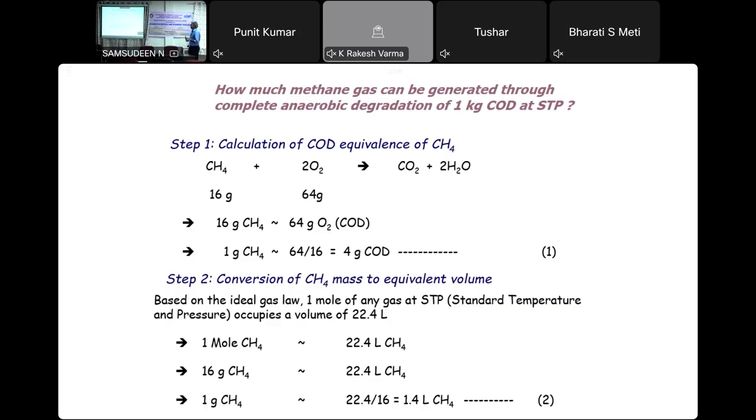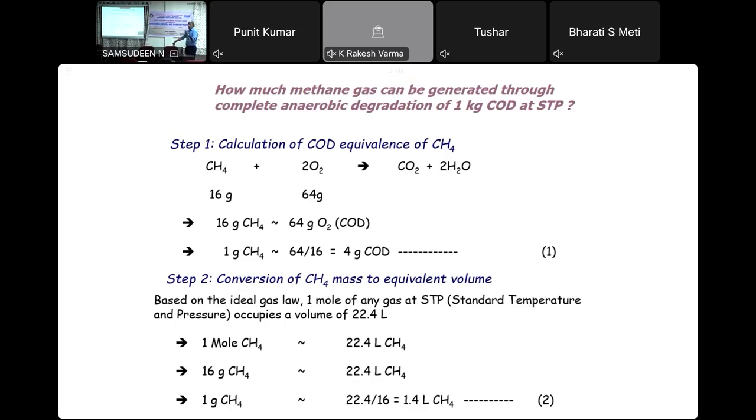Based on the ideal gas law, 1 mole of any gas at standard temperature and pressure occupies a volume of 22.4 liter. So when you have 1 mole of gas, it simply equals 22.4 liter of gas. So 16 gram of methane equals 22.4 liter of methane gas.